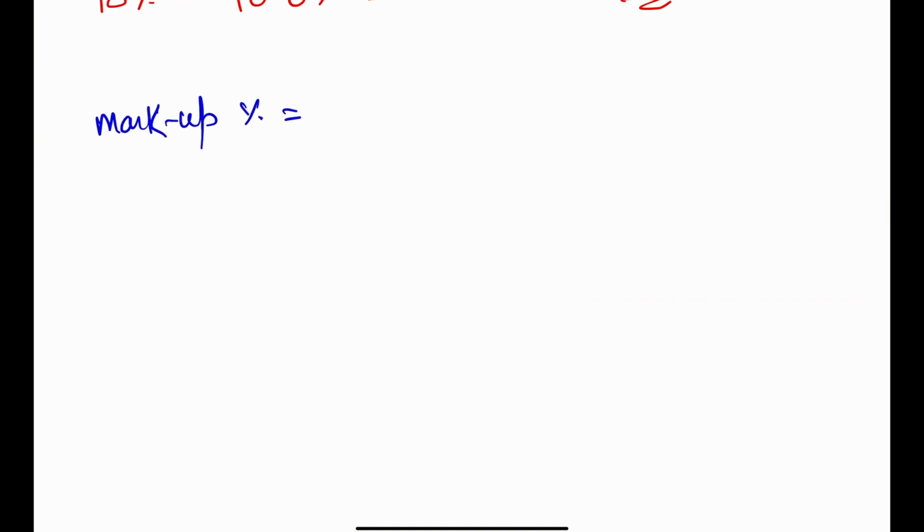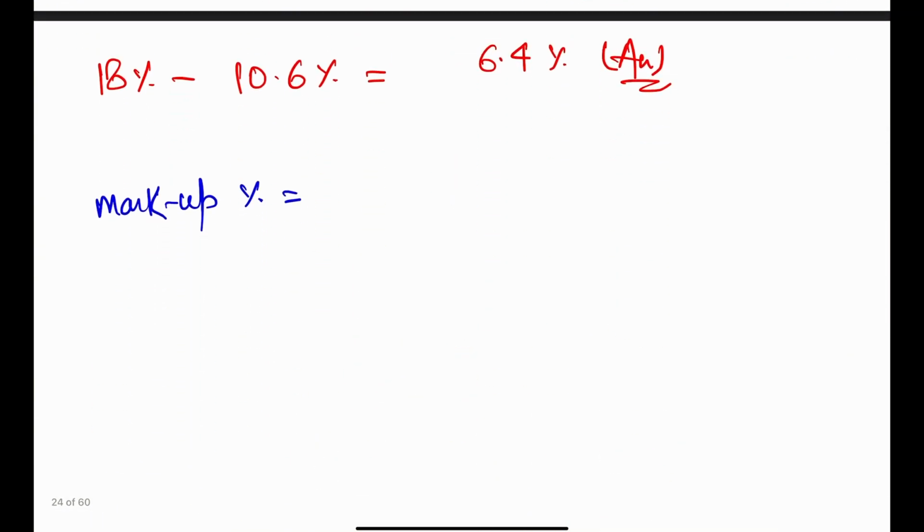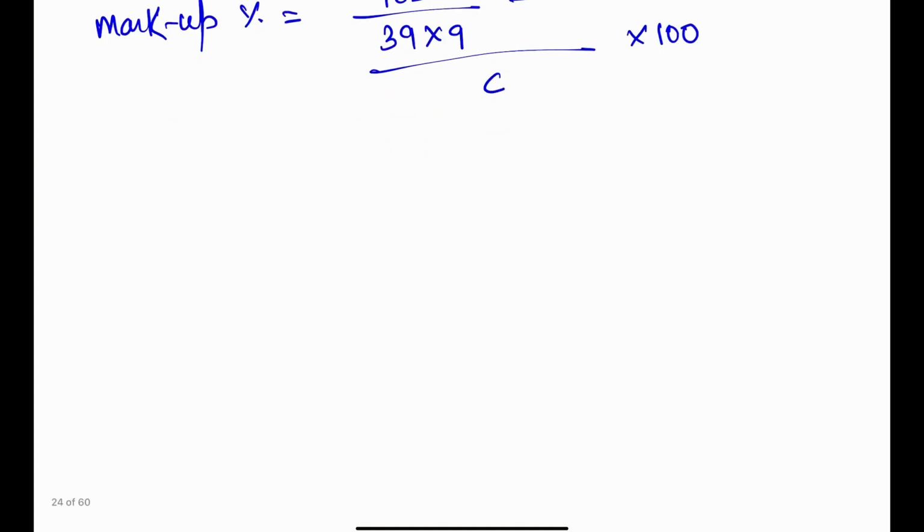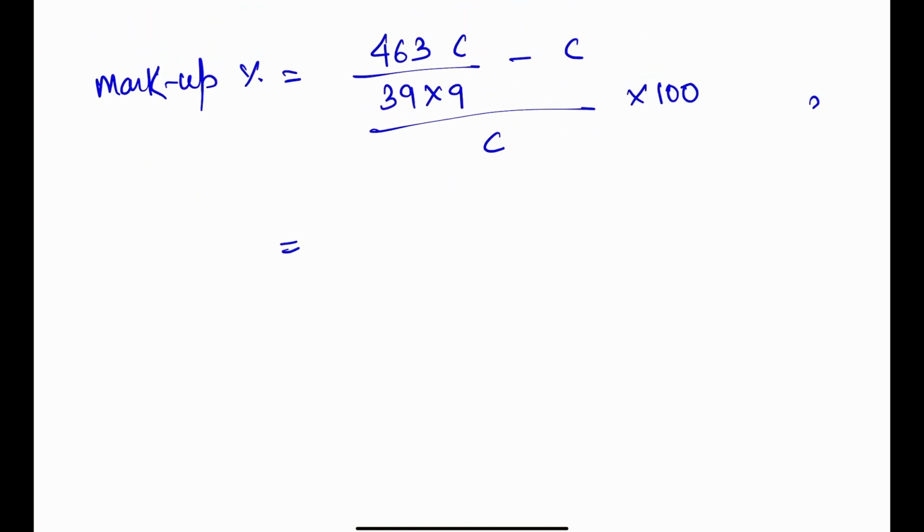413, right? Markup is 463. So 463 upon 39 into 9C minus C upon C into 100. So 390 minus 39. So 41, if I add 40, 140, 40 plus 50, 41. So it will be 341.